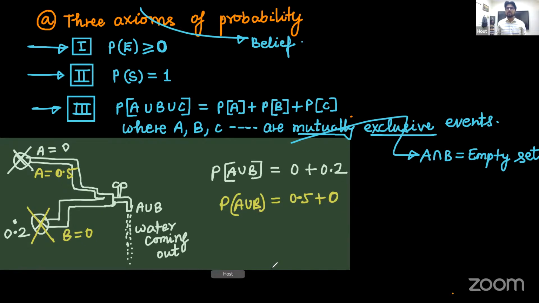So let us rewrite them one more time. The probability of any event will always be non-negative. It can be zero; in the worst case, you'll have zero chance of something taking place.